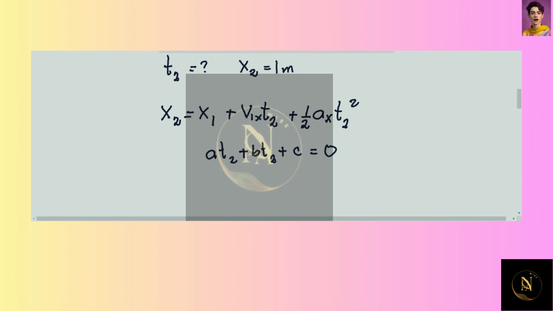Thus, the equation becomes 1/2 a sub x t sub 2 squared plus v sub 1x t sub 2 plus this quantity x sub 1 minus x sub 2 is equal to 0.